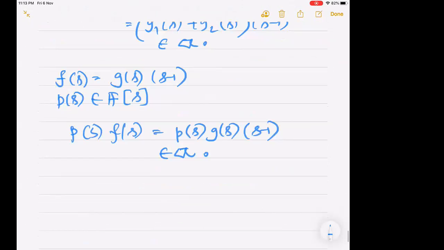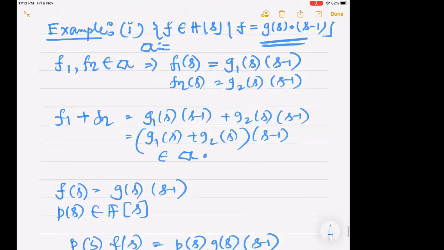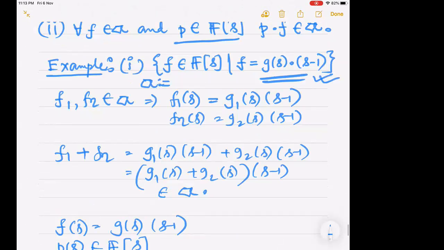So it satisfies both the properties of the ideal. So what is this set, by the way? This set is nothing but the collection of all multiples of (s minus 1).